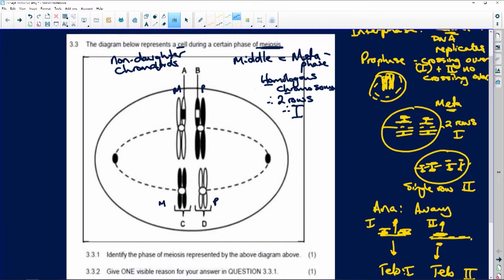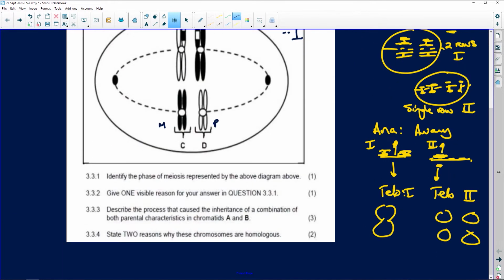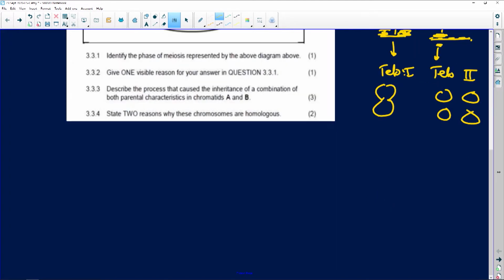And that's something else I need to quickly show you. You've got a chromatid and a chromatid, and they are joined together by a centromere.